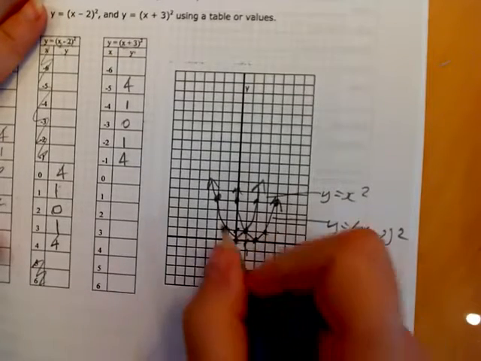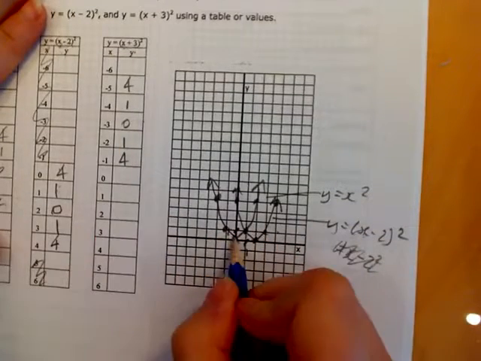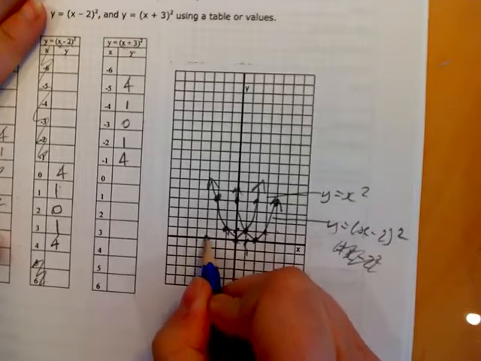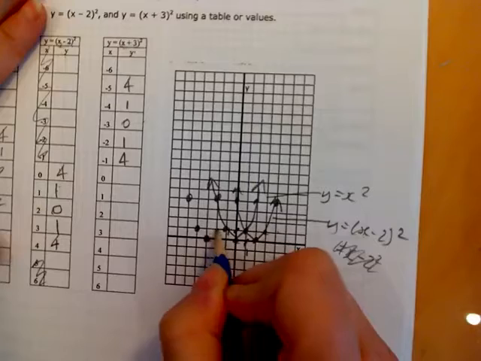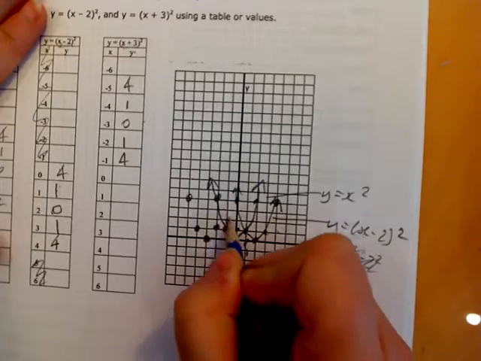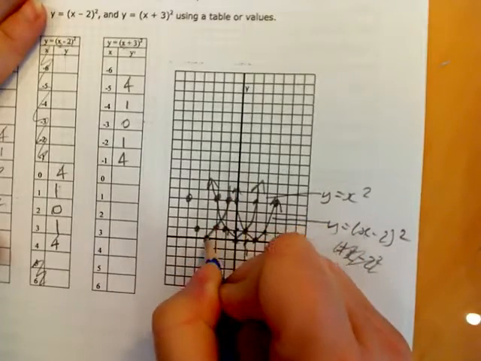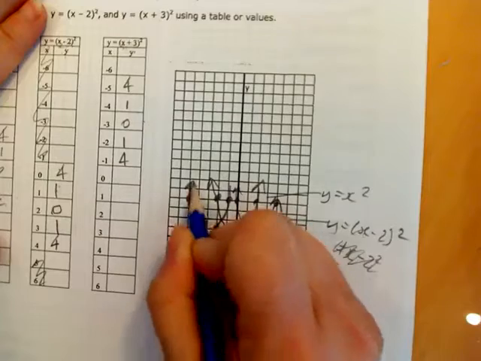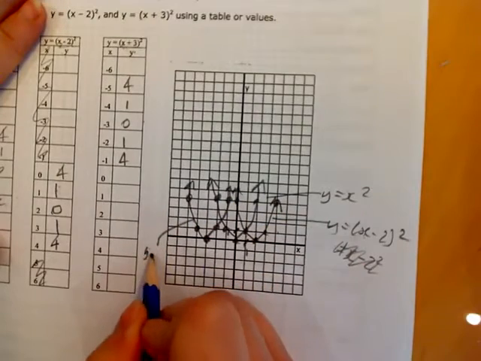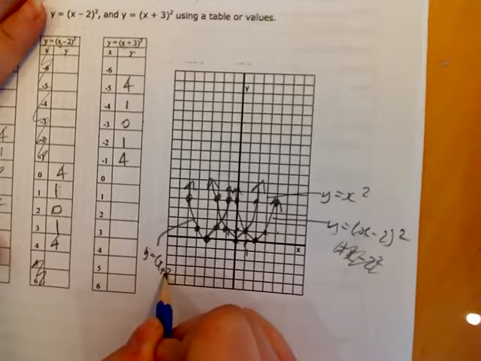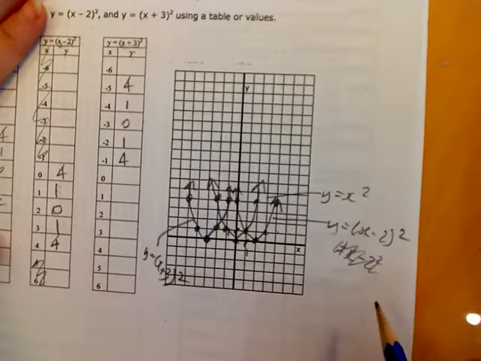And when we go to plot it, at -3 is our 0, 1, 2, 3. And then over 1 up 1, over 1 up 3, over 1 up 1, over 1 up 3. And that curve is y equals x plus 3 all squared.